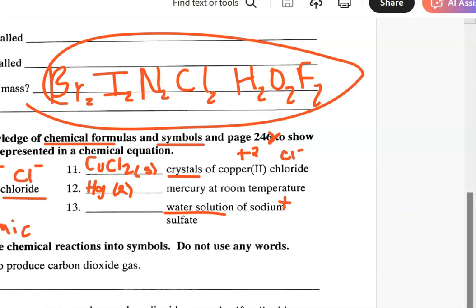Sulfate, remember, is one of your polyatomics that you should have memorized, is -2. So that's Na2SO4 because you crisscross. And it's a solution, so it'd be liquid. So it's not that bad, guys. Don't overthink these. More often than not, you'll get it right rather than wrong.